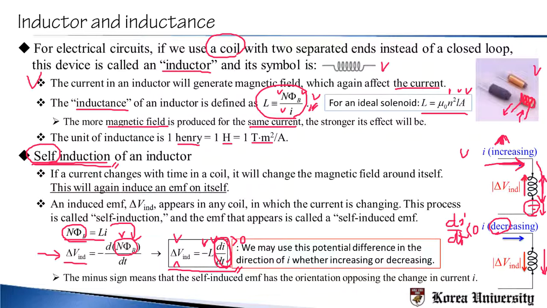And for this to go this direction, it's just like having a battery this way, right? So then if you move from the negative to positive terminal, then this EMF has to be increasing, which means positive. So then how do you get positive value? Because we have, again, minus L multiplied by this. So if you put it here, it becomes larger than 0, right? Okay, so it makes sense in both cases.